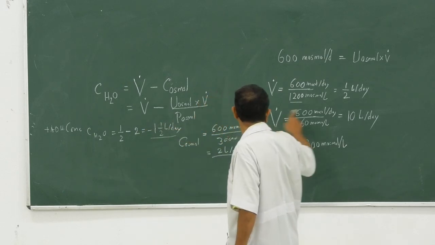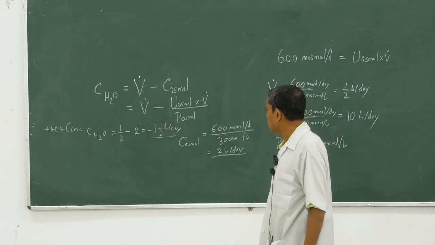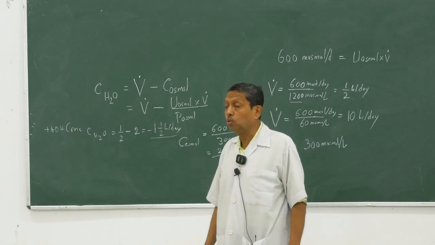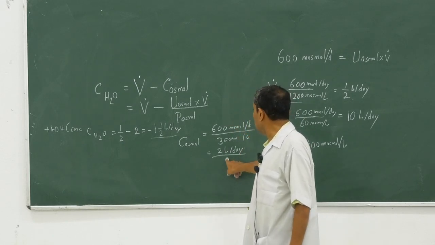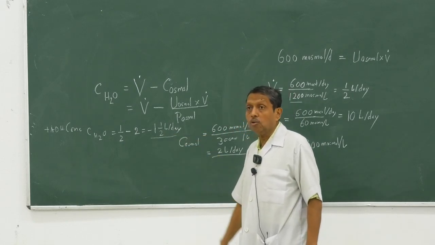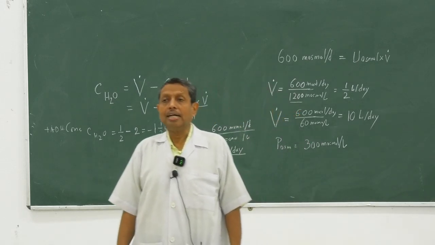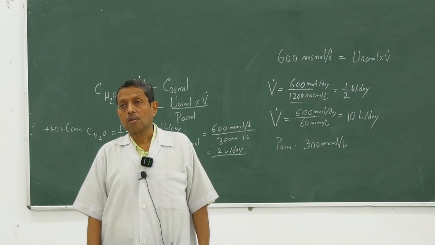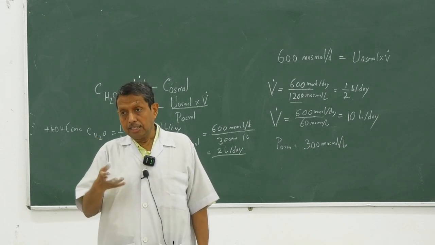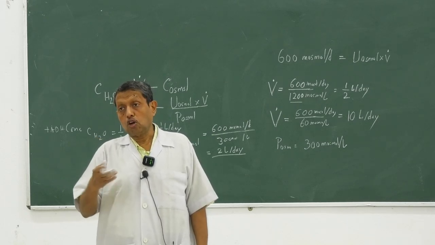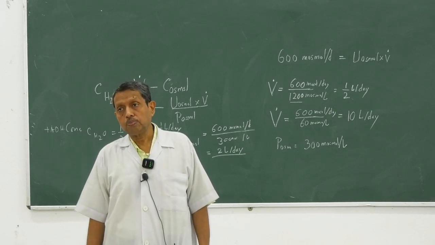Half liter minus 2 liter C osmol, so it's a minus value, a negative value. Negative value means that water is retained in comparison to that of the solute.